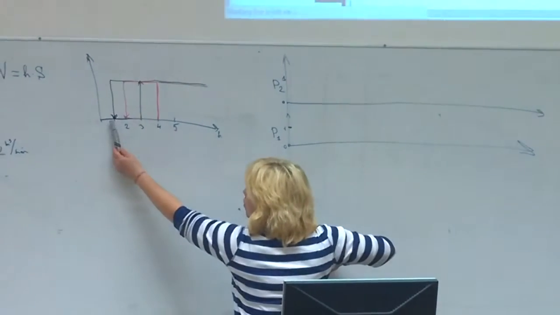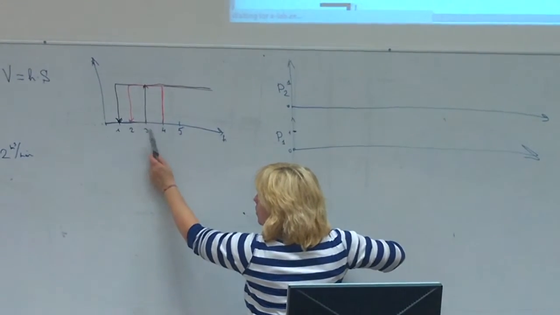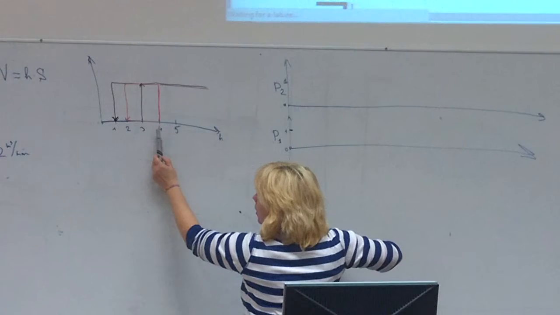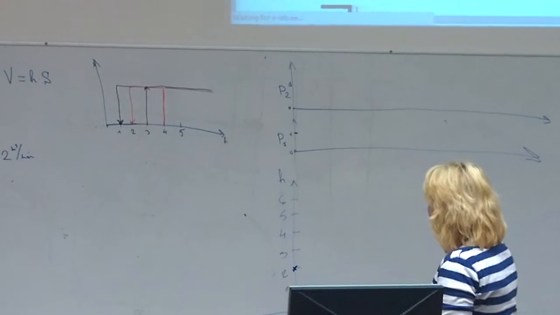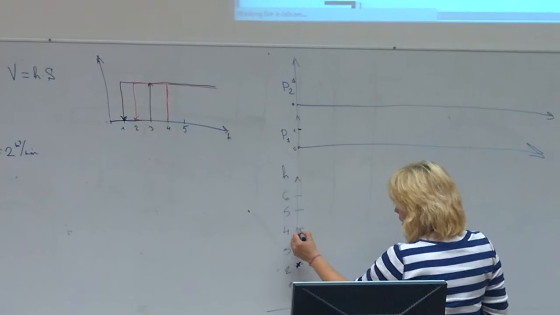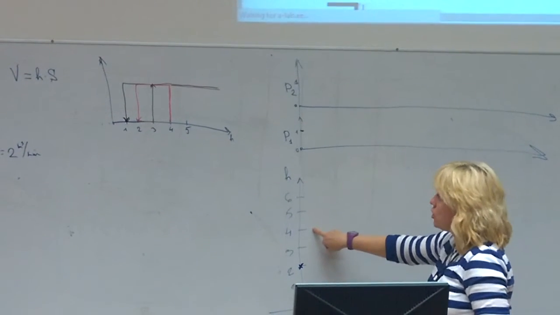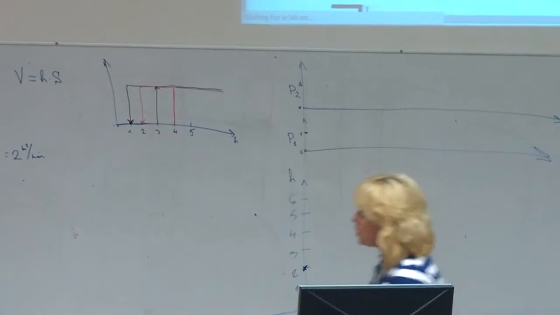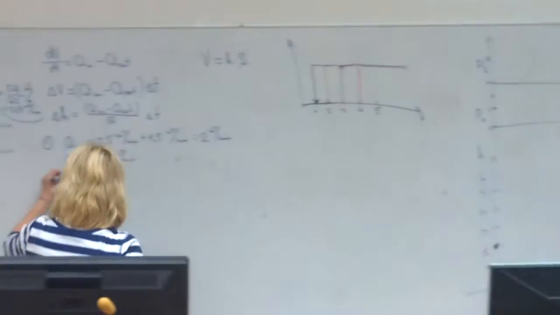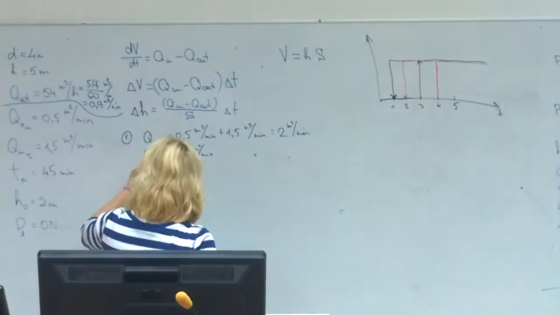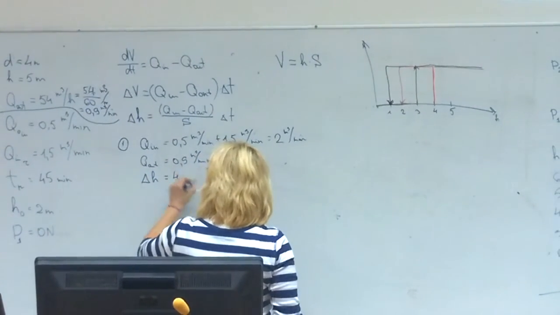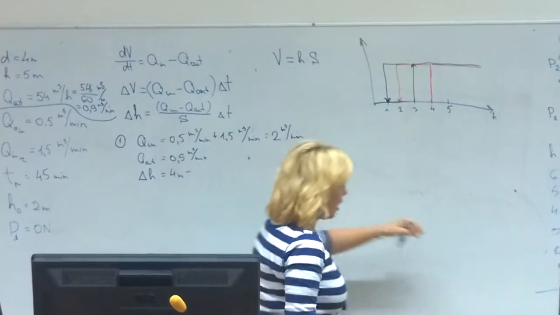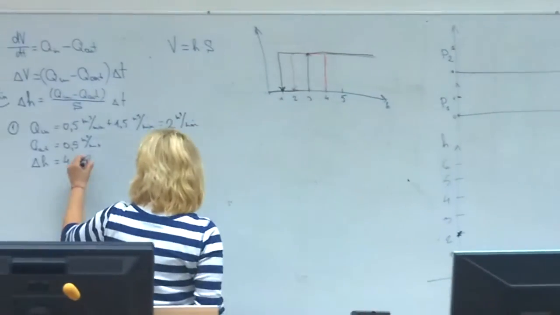So when we change our situation, we know that the second pump will turn on at the height of 4 meters. So in that case, we will have a change of 2 meters. Basically, that means that delta height will be 4 meters minus our present situation of 2 meters.